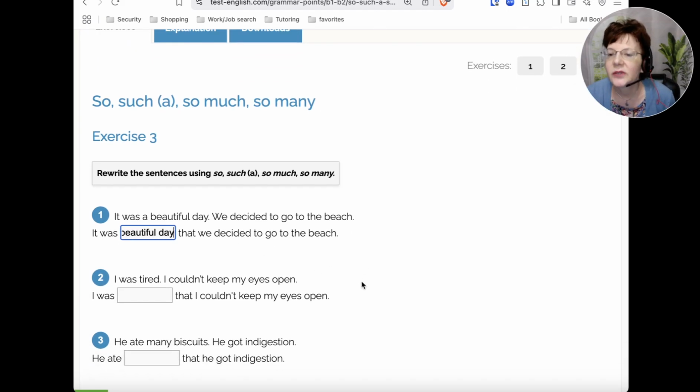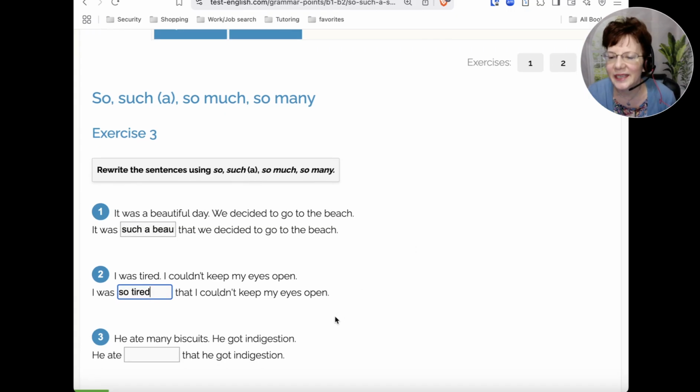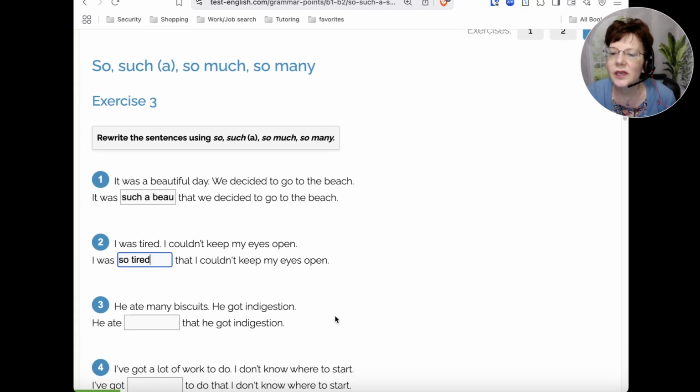Okay, number 2. I was tired. I couldn't keep my eyes open. I was what that I couldn't keep my eyes open. All right, before an adjective, remember what we use? So tired, yes? All right. Okay, number 3. He ate many biscuits.